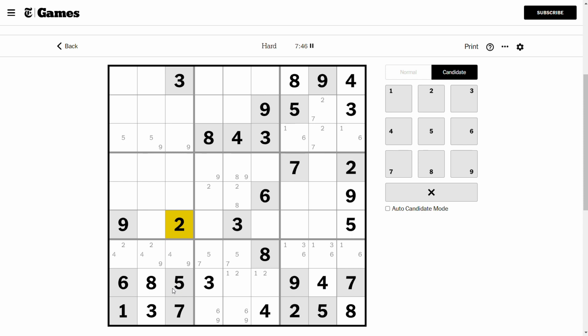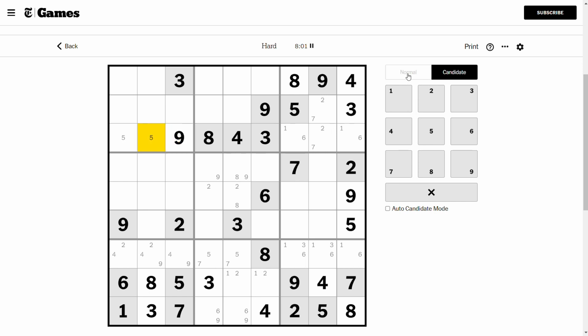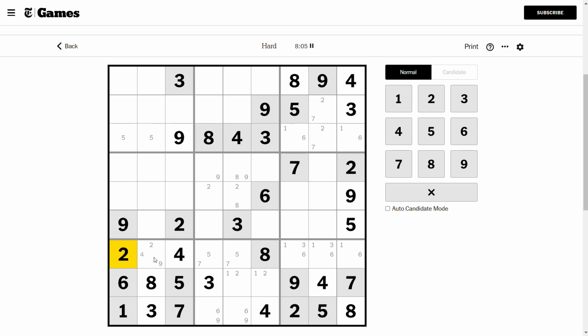And this cell sees 2, 5, and 7. So this is actually only a 9, because it sees every other digit. It sees 1 to 8, all those digits, so this must be a 9. Because nothing else can be put there. Alright, so this 9 forces this to be a 4, a 2, and a 9.